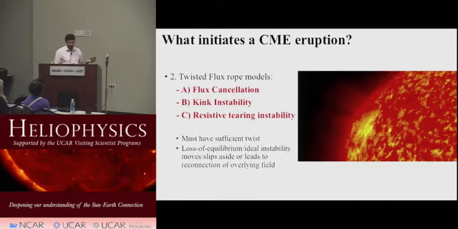But an important characteristic of these models is that they need to have sufficient twist, and the loss of equilibrium or the ideal instability slips aside or leads to reconnection of the overlying field. When I say slips aside, that's an effect of 3D where it can just slip to one side of this CME.